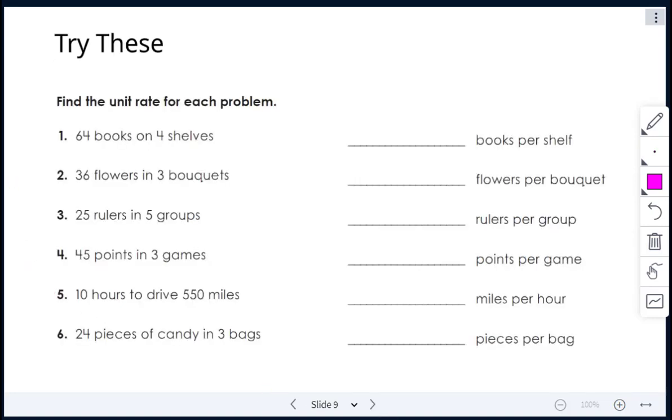All right, so if we're trying to find the unit rate for any of these, like these examples here, all you're going to do is set up a ratio or just divide. So 64 books on 4 shelves. How many books is that on one shelf? That's what we're trying to find.